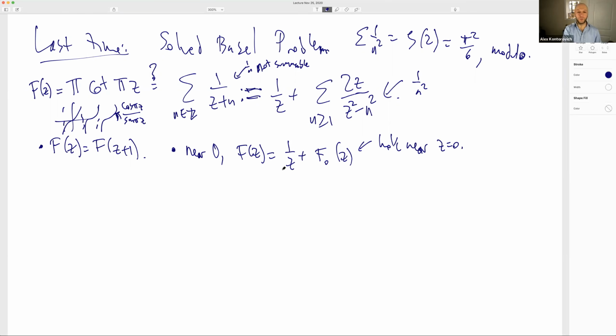So it has a simple pole, and that simple pole has residue 1. That's just from the expansion of sine. I'm using that sine of pi z starts out as pi z plus lower order stuff, whereas cosine of pi z starts out as 1 plus lower order stuff near 0. So the ratio with an extra factor of pi starts out as 1 over z.